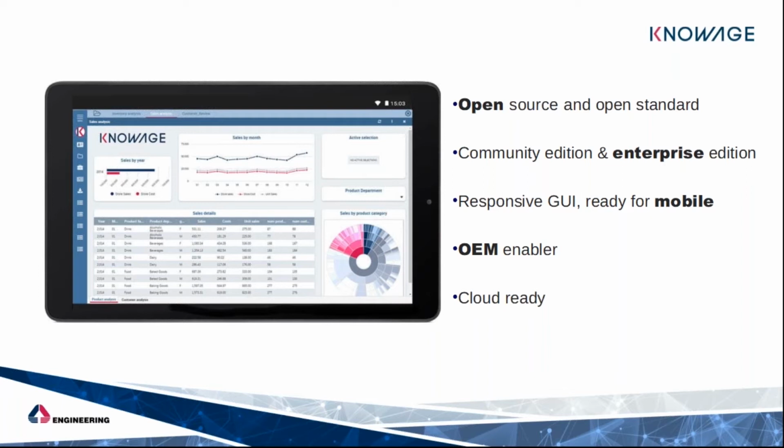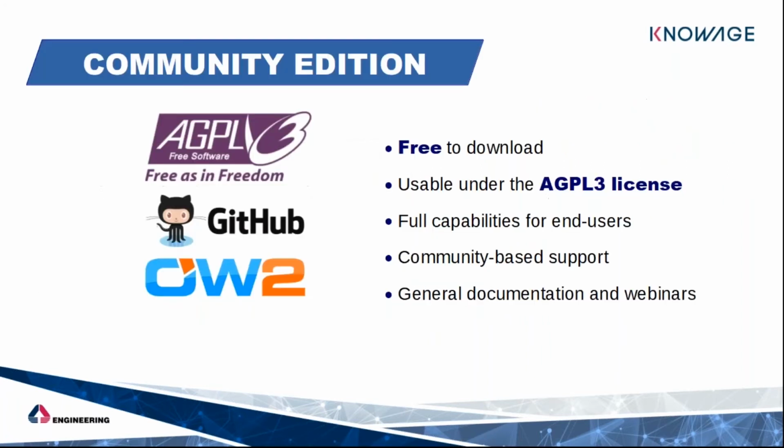It has a responsive GUI, which is also ready for mobile. It's an OEM, which stands for Original Equipment Manufacturer, and in other words means to allow the product to be marketed by another manufacturer after having signed, of course, an agreement. And it is, of course, cloud ready.